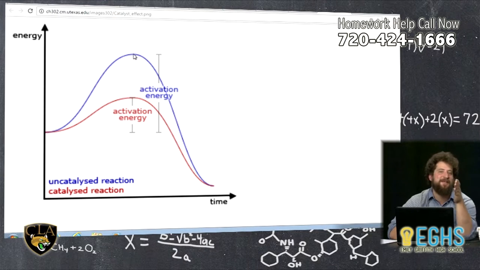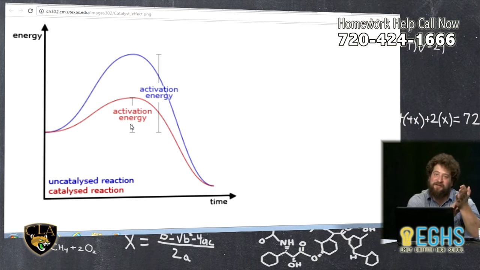You have to reach this level of energy before the reaction can take place. If you don't reach this level of energy described here by the peak, you cannot get the chemical reaction to happen. The downslope here represents the reaction actually occurring. This line right here is the activation energy line.